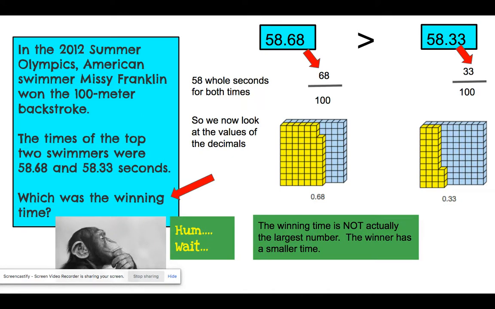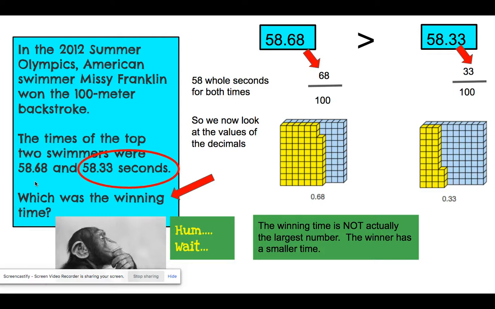I should have said shorter time. Because obviously you want a faster time because that means you cross the finish line first, right? So you want to look at whose time was the least. So the winning time was the smaller number here, which was 58 and 33 hundredths of a second, because that means that swimmer was just slightly faster than that swimmer there.